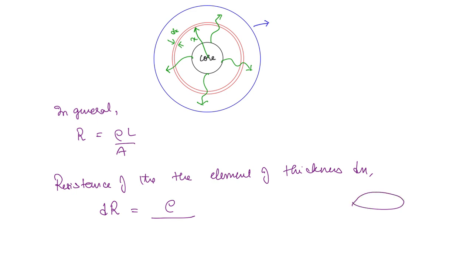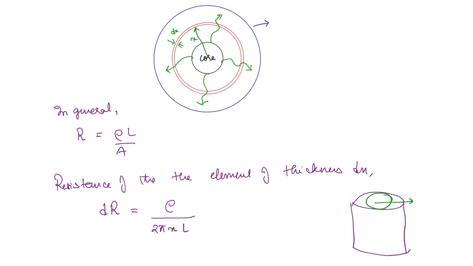The cable is basically a cylinder, right? And the current is flowing radially. Then the cross section is the area perpendicular to it. So that is going to be the curved surface area of the cylinder, which we can take as 2 pi x into L.